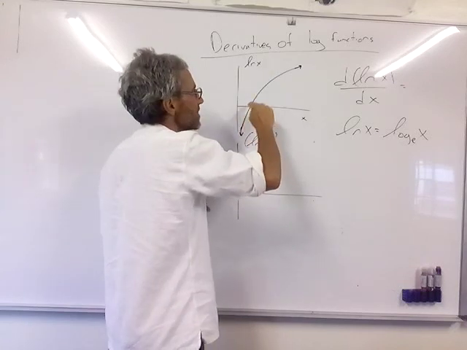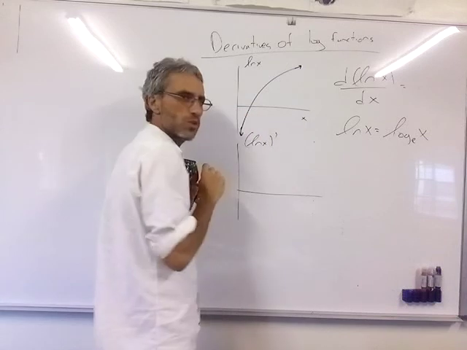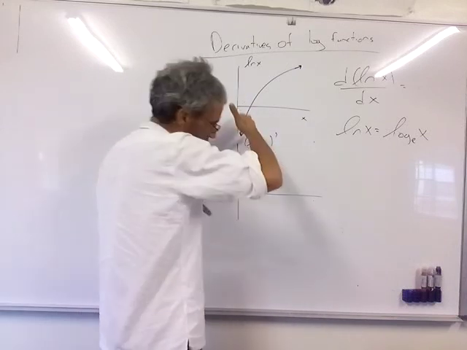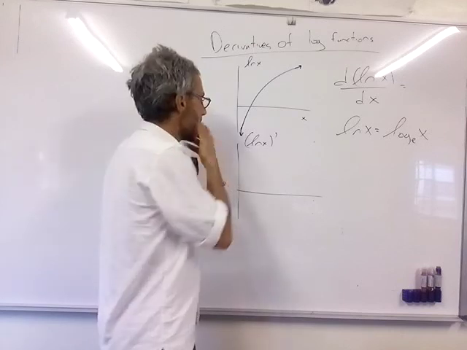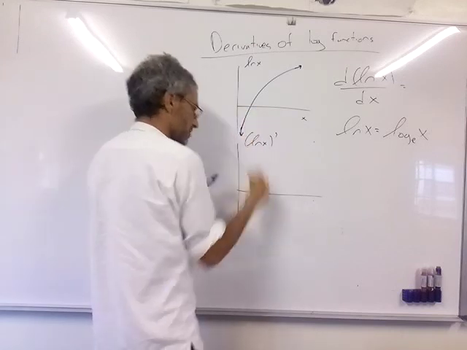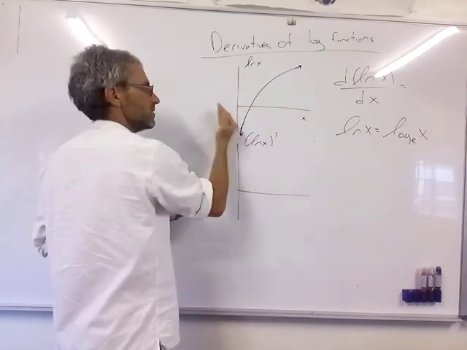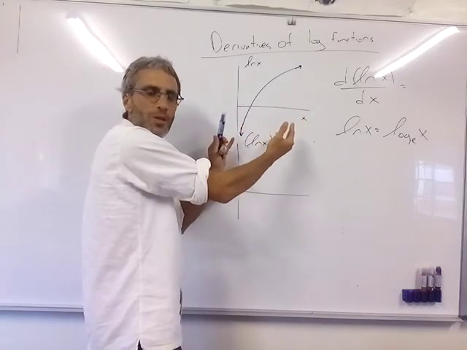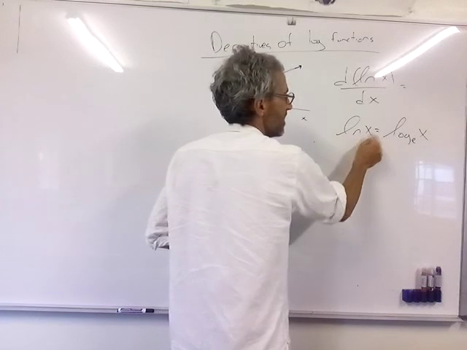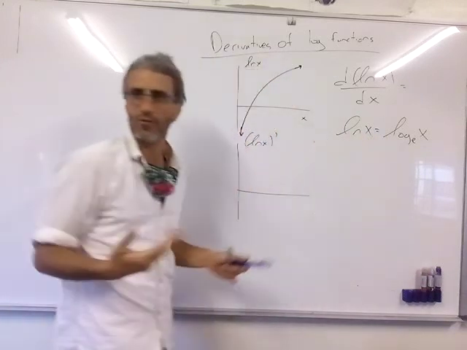It gets smaller, so it goes down. So this graph, whatever it is, decreases. By the way, those two graphs are only defined for positive x. We can't put a negative x in a logarithm, in any kind of logarithm, right?